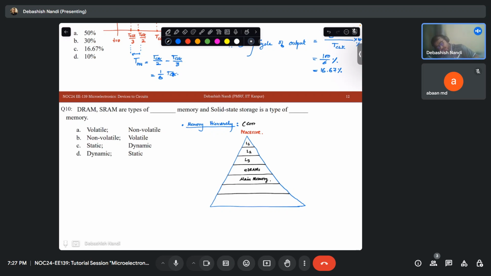This is conventional, okay? Today's scenario is a little bit different where we have additional storage class memories, which I do not want to discuss today. That will be discussed in the next session or the summary session. So then you have your solid state memory, and then you have your hard disk drive. So can you tell me what these are?